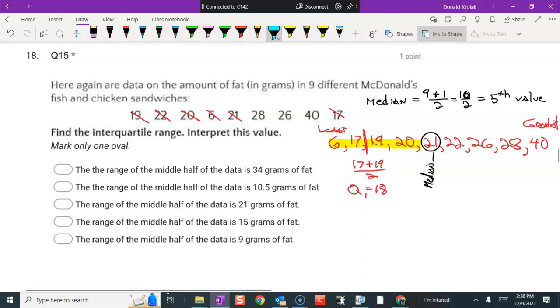And now the upper half, the median is going to be halfway between the second and the third number. So that's going to be halfway between these two, which is 27. And that's Q3. So to get the IQR, we subtract those two.